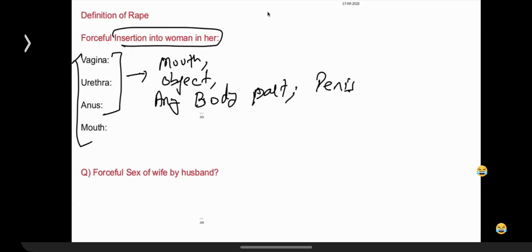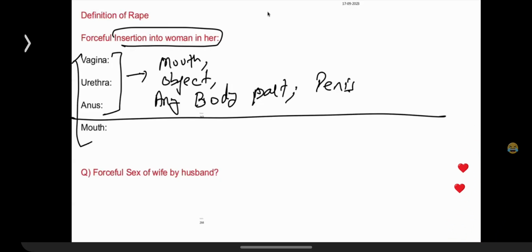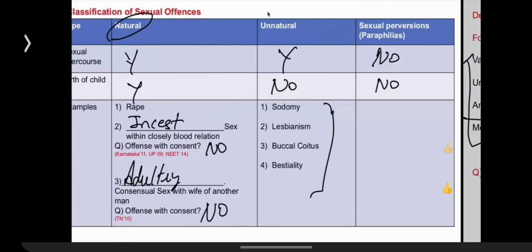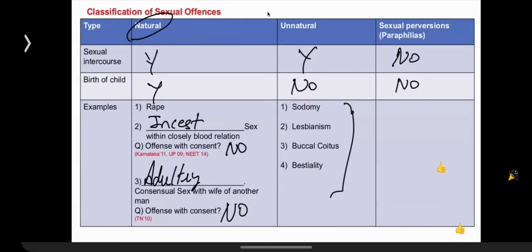If you do, that will be called rape. And in the mouth, if you insert a penis, that will be called rape. Okay. Unnatural sex with consent is not an offense. It is an offense only without consent.